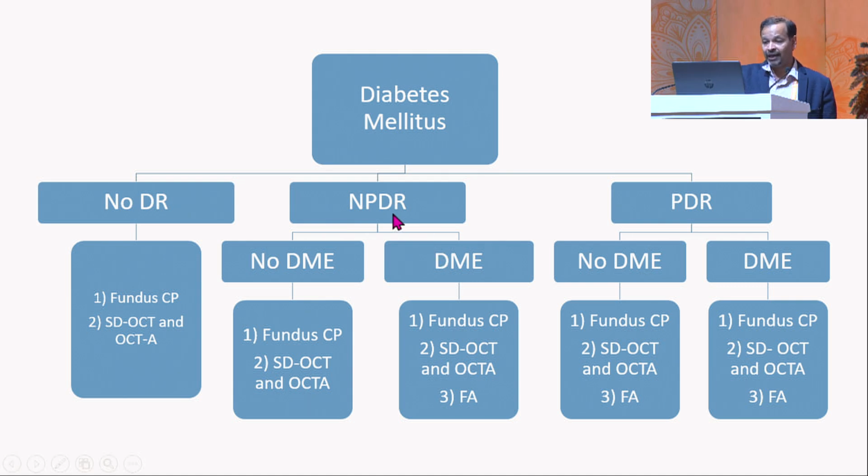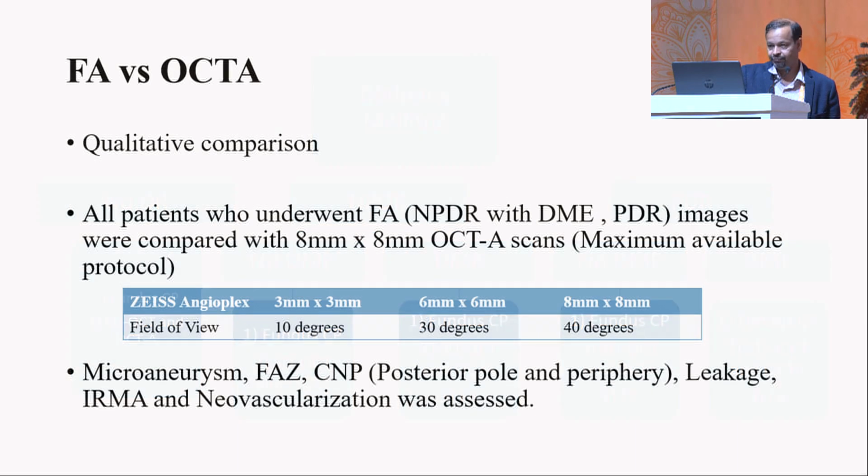Eyes with NPDR were divided into 2 subgroups. The eyes with no diabetic macular edema underwent the same set of investigations, that is fundus photograph, OCT and OCTA. Eyes with DME underwent additional FFA as well. On the other hand, in the subgroup with PDR, all eyes underwent fundus photograph, OCT, OCTA and FFA.